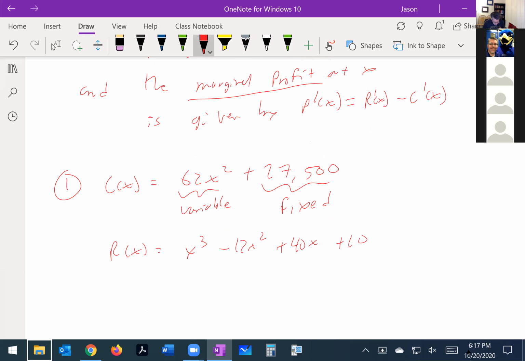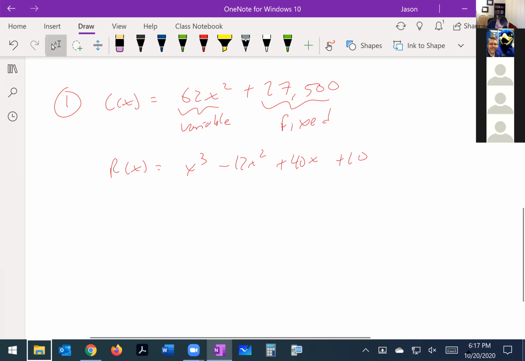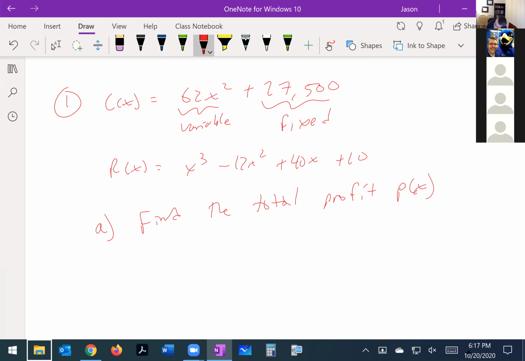Okay. So first thing I want to work on is to find the total profit P of x. P of x is equal to R of x minus C of x.